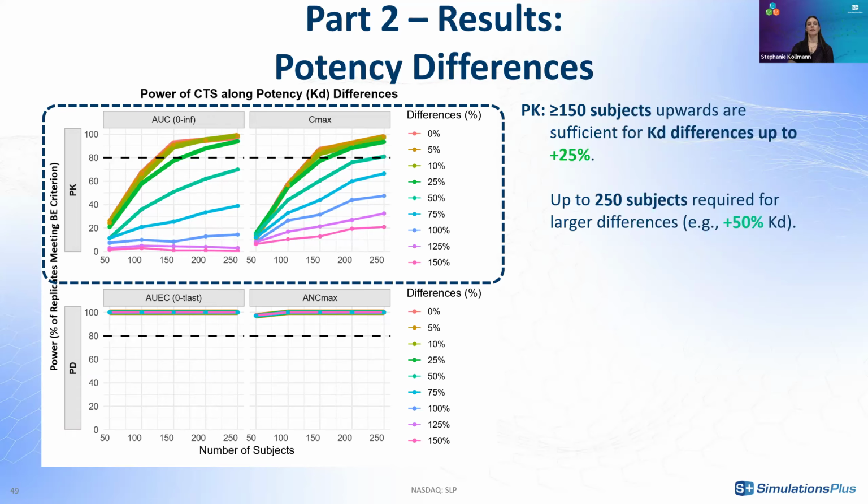For AUC and Cmax, around 150 subjects are sufficient to achieve 80% power when KD differences are up to 25%. However, larger differences in binding affinity, such as a 50% increase, would require a substantially larger sample, around 250 subjects, to maintain power.